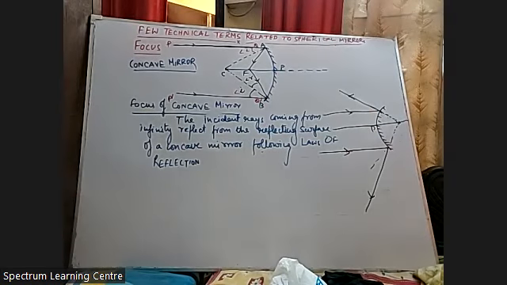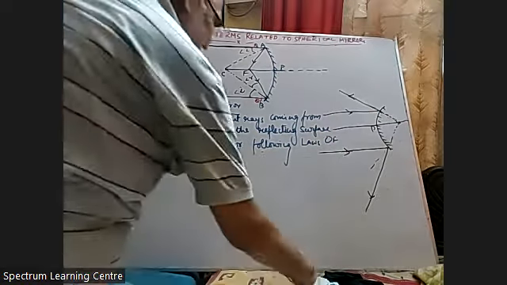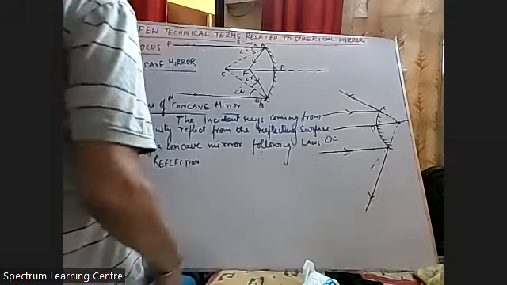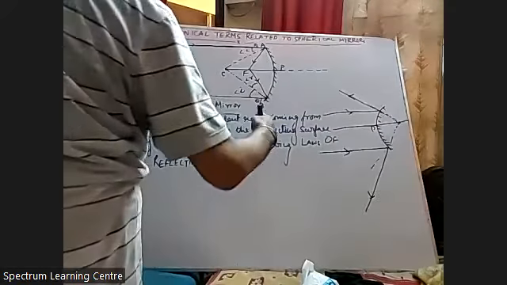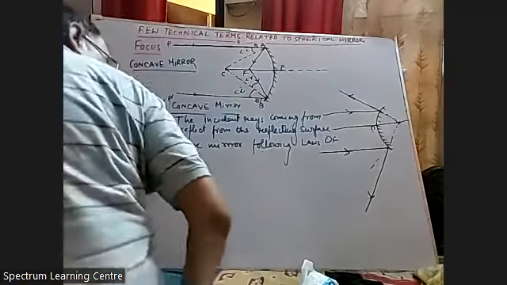But here the reflected rays are converging. Converging means meeting at a place.